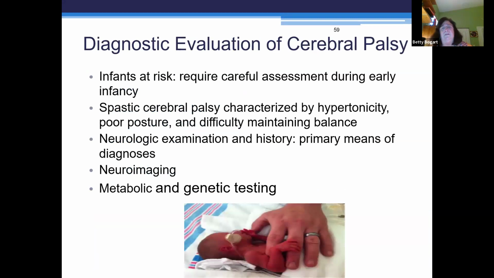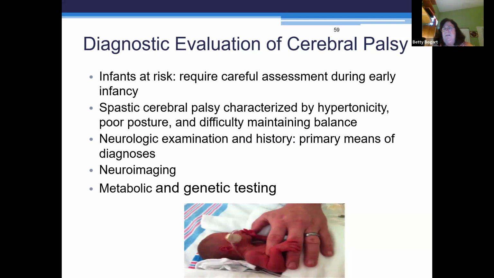So, diagnostic evaluation, well, a lot of times is just what we do every day. It's looking at the growth and development, that assessment, seeing fine motor skills, gross motor skills. Are they doing what they should? Or are you seeing things like hypertonicity, that spasm, that tightness, poor posture, difficulty maintaining balance as they get older?